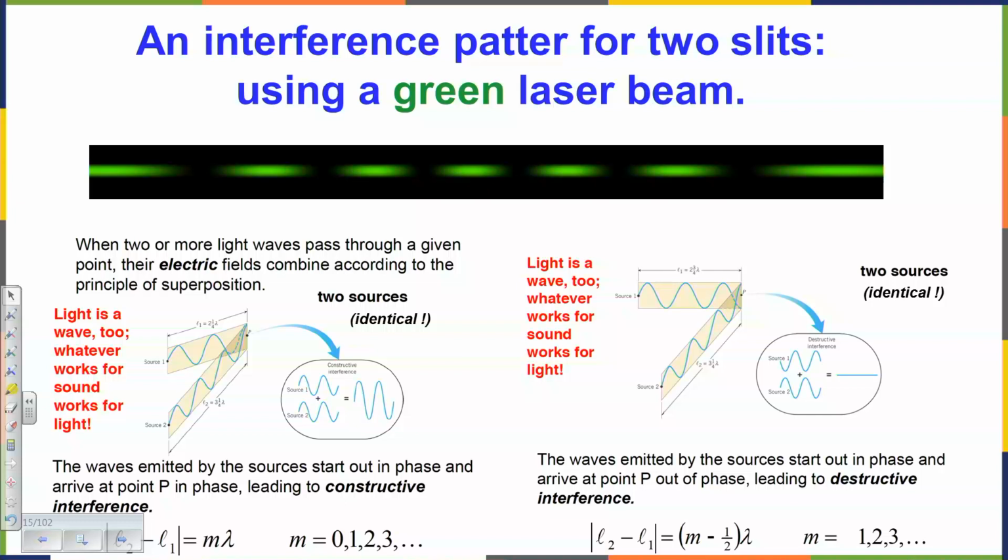Those light rays travel away, and they get wider and wider, spreading from each other. And when they hit the screen, we can see the pattern. There are green dots with black spots between. We call them fringes. And that's the standard double slit interference pattern.